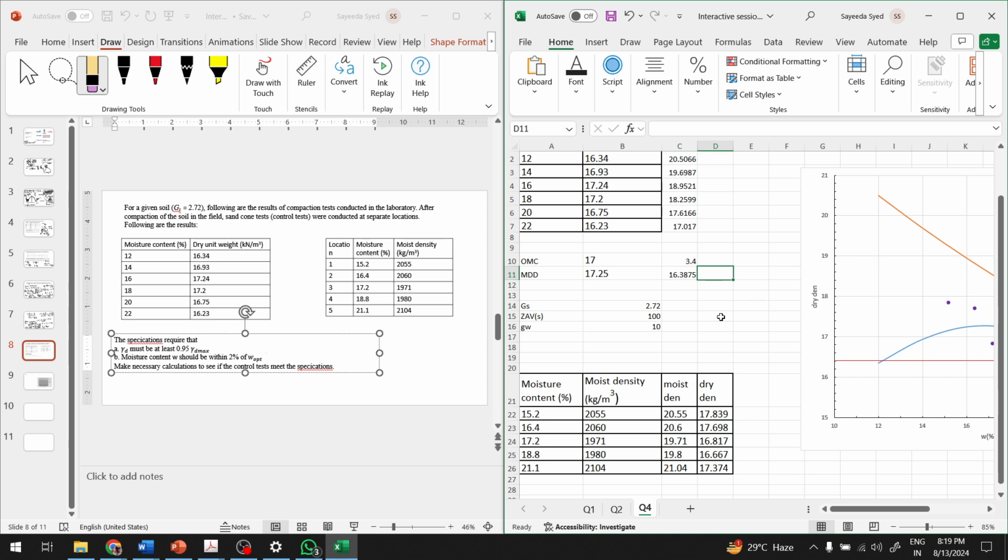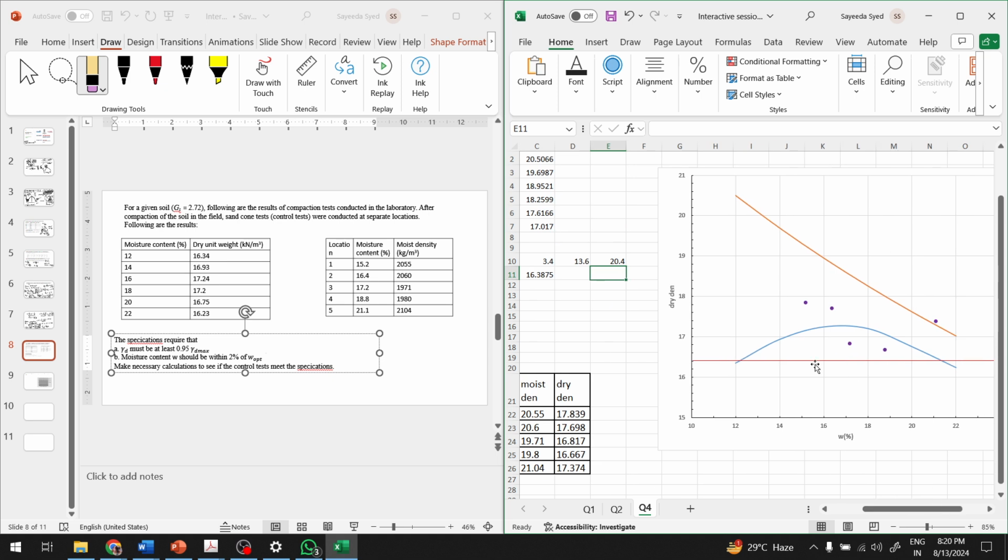It means 17 plus 3.4, that is 20.4, and 17 minus 3.4, that is 13.6. Okay. So let me draw these lines again.